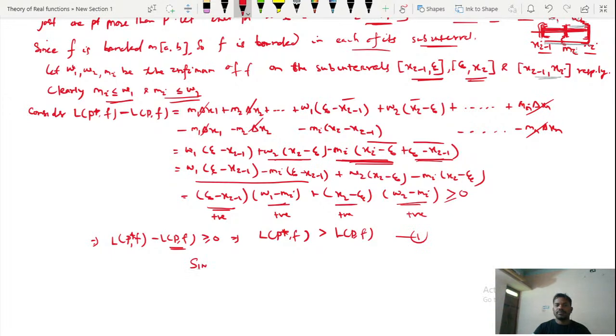Similarly we can prove that UP star f is less than or equal to UPf. Proved.